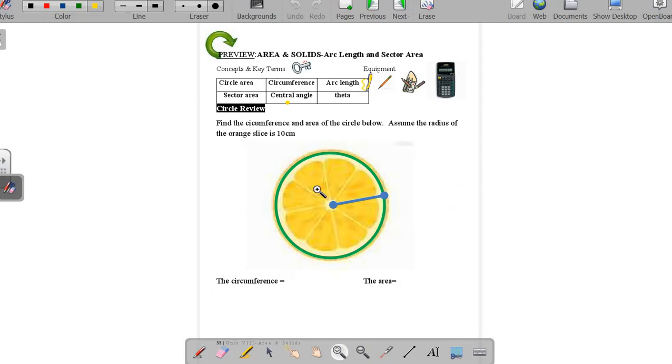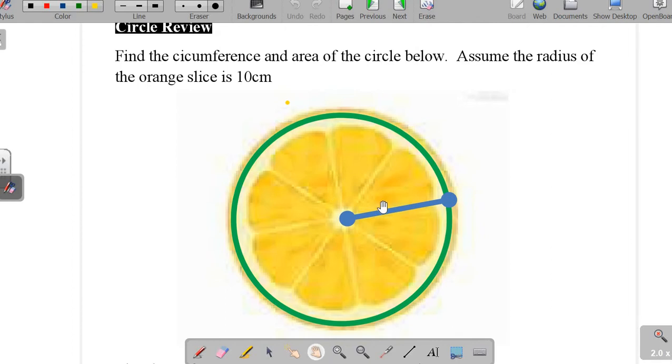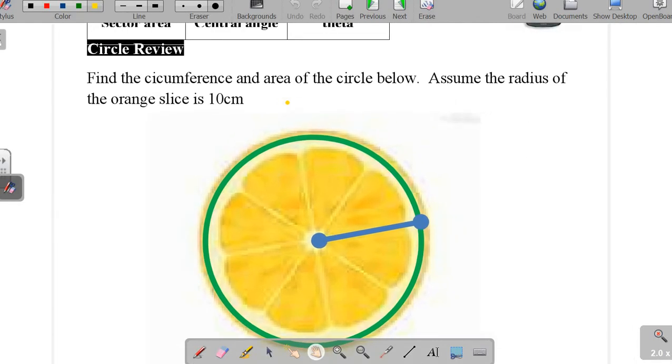We're going to be talking about arc length and sector area. It says, find the circumference and the area of the circle below. Assume the radius of the orange is 10 centimeters.